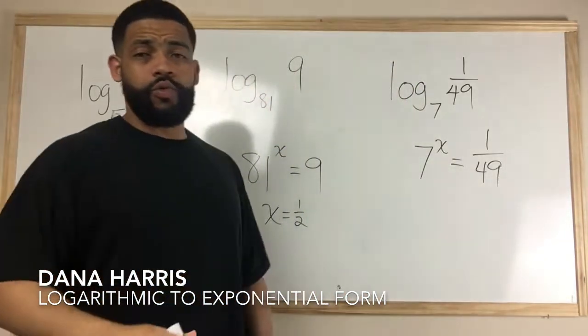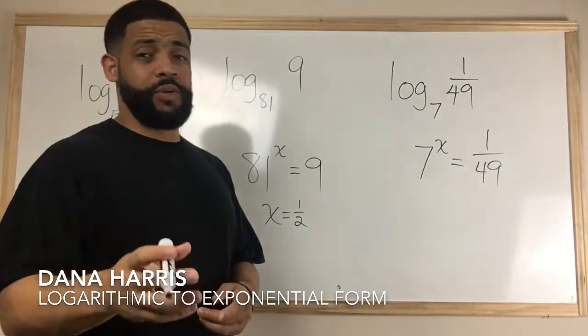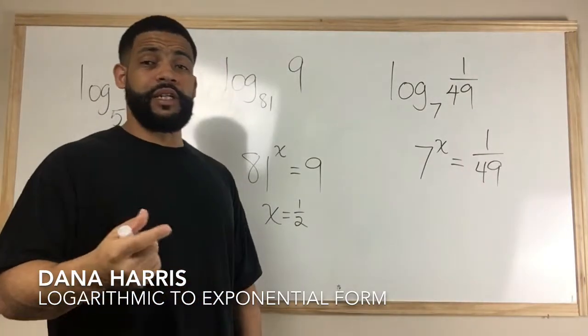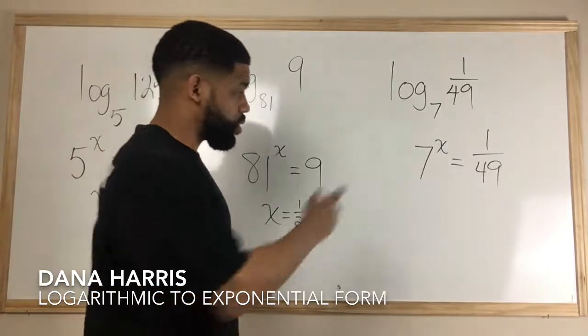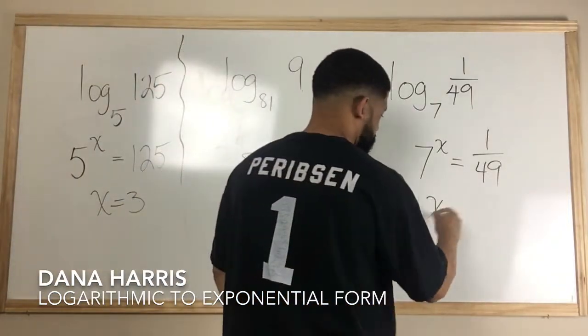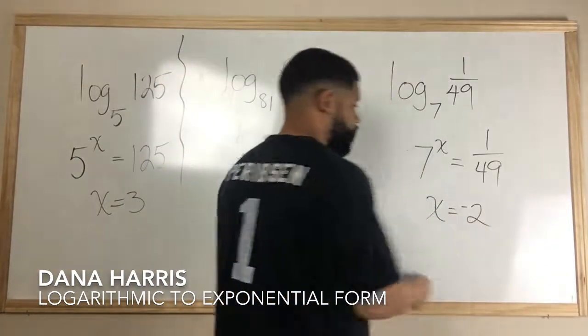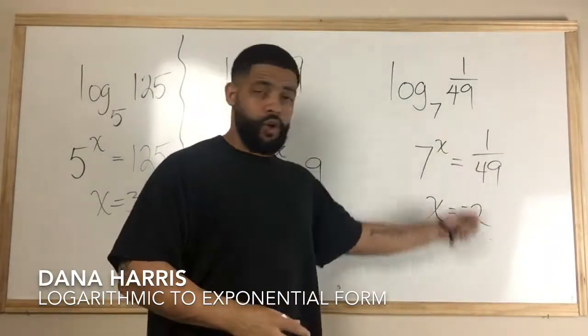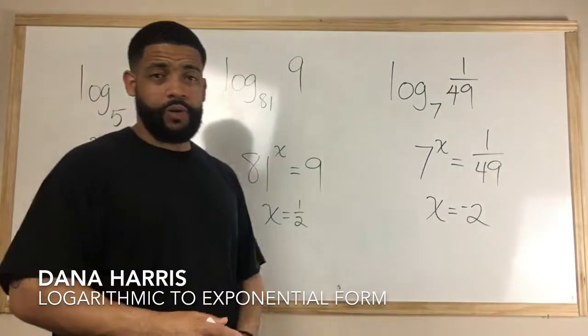Well, according to our rules of exponents, if I have a negative exponent, then I can rewrite that using positive exponents by making it a fraction with the 1 in the numerator. So this is actually x is equal to negative 2. Okay, so the 1 over 49 is 1 over 7 to the second power.